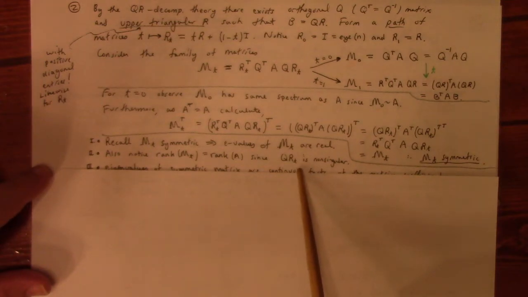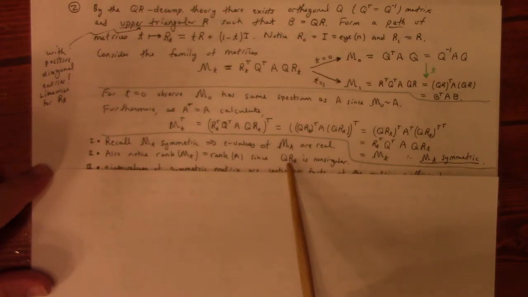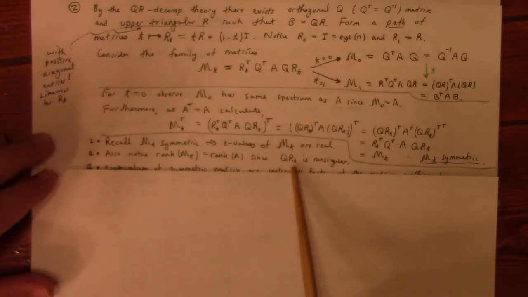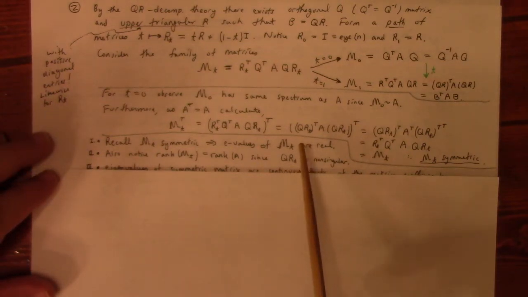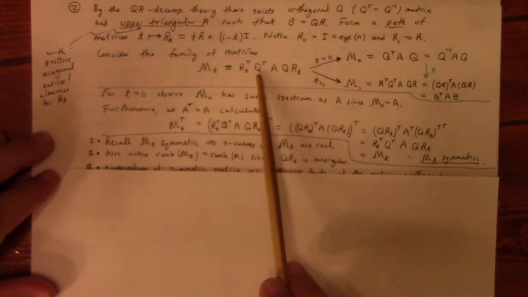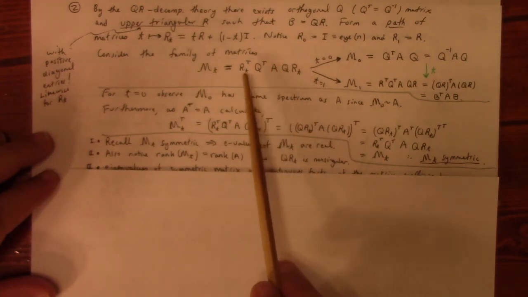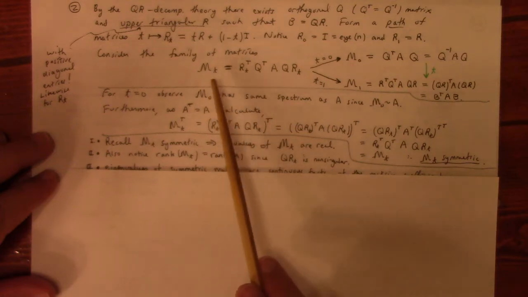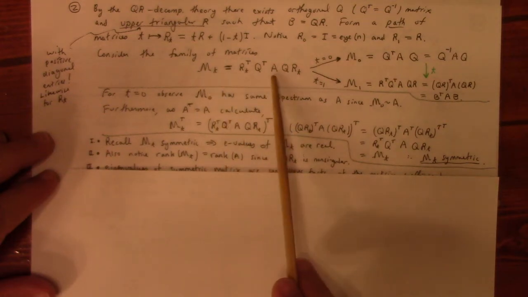R sub T is a matrix with positive diagonal entries, so R is non-singular and Q is non-singular, so Q times R sub T is also non-singular. Since Q R sub T is non-singular, that means that M sub T has the same rank as A.